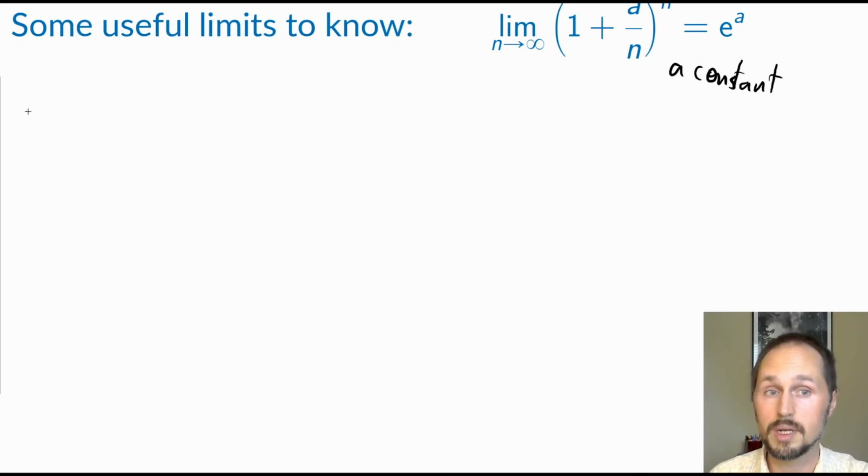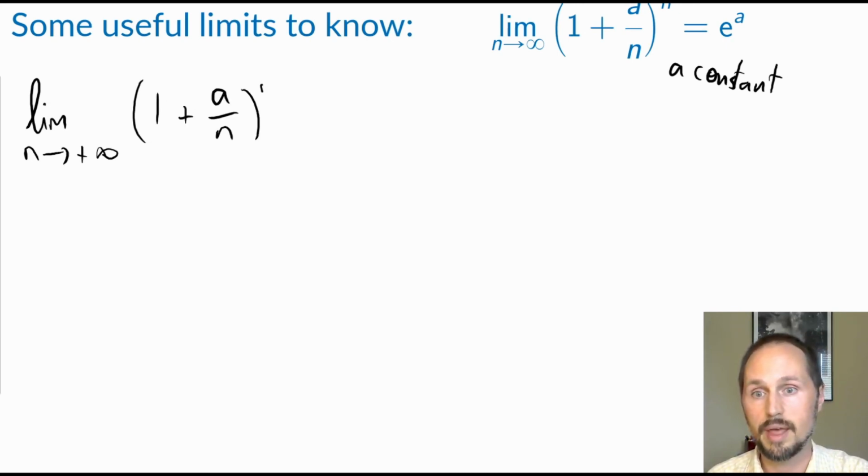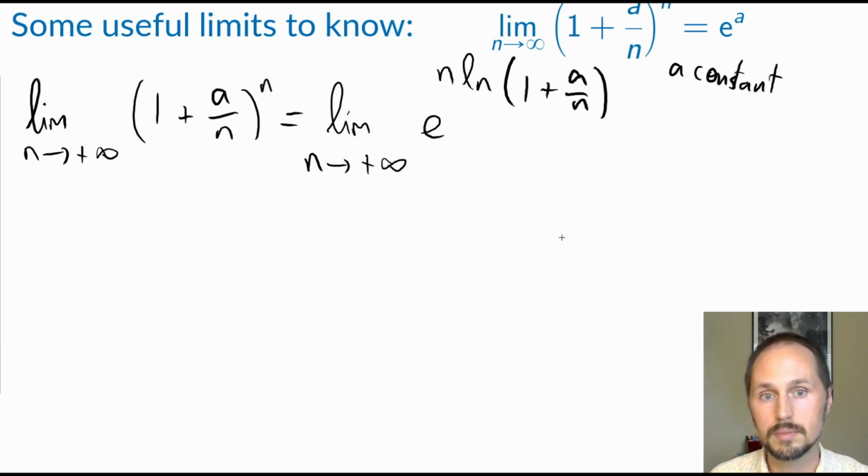This is going to be a L'Hopital's rule game again. So here we get the limit as n goes to infinity of 1 plus a over n to the nth power. Well, we use our exponential identity. This is going to be the limit as n goes to infinity of e to the n natural log 1 plus a over n.